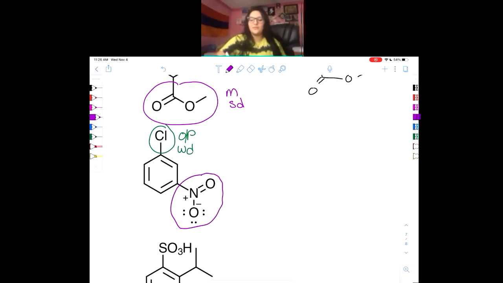I'm just going to ask you, when you look at this, is it not disgusting? Like, look at all these charges here. It's gross. So what does it have to be? A strong deactivator, exactly, because look at all the gross stuff going on. Terrible, terrible. And if it's a strong deactivator, where is it going to direct?